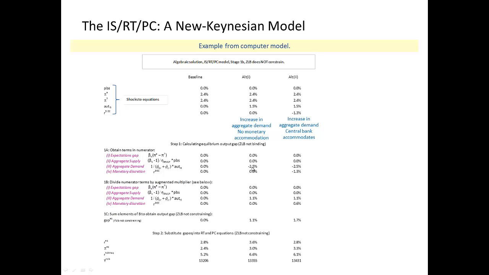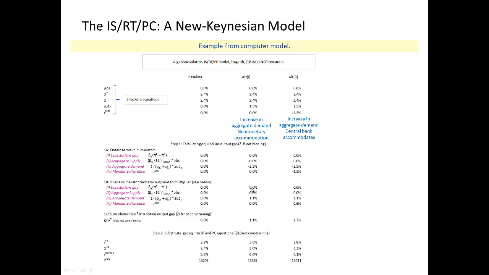We have only an aggregate demand shock, and you remember that we have to adjust this first by this coefficient, which is negative, so a positive times a positive is a negative, and the same here, we have 0 discretionary monetary policy. So that's the minus 2.5 and we have a 0 here. Now look over here, we have the same term here, but we also have our discretionary monetary policy.